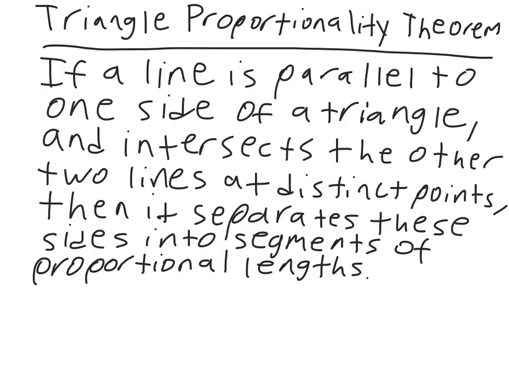So say we have a triangle A, B, C, and then we have a line that goes through it. And we say that both of these lines are parallel to each other.